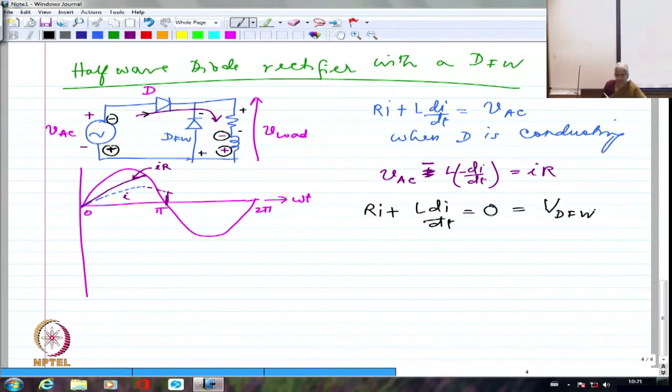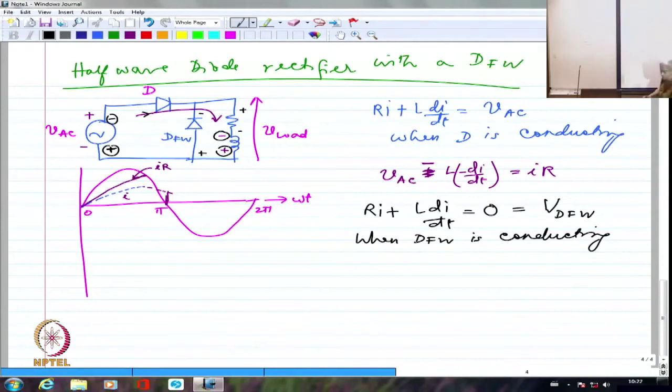When the freewheeling diode is conducting, I will get literally 0 voltage across the load. I will not be able to get any voltage across the load except 0 voltage, because the freewheeling diode is essentially short circuiting the RL load, right?